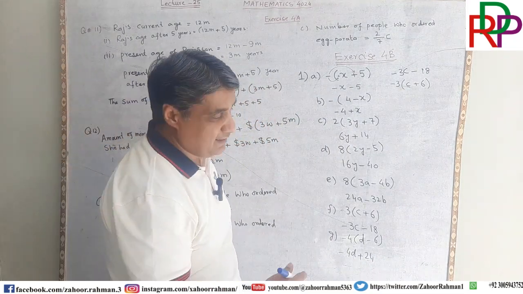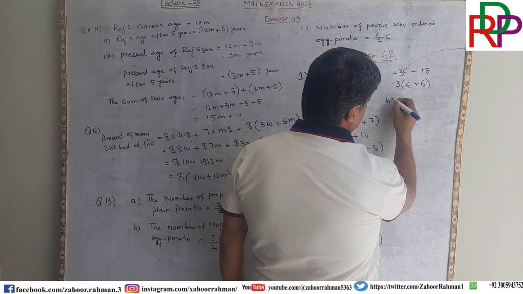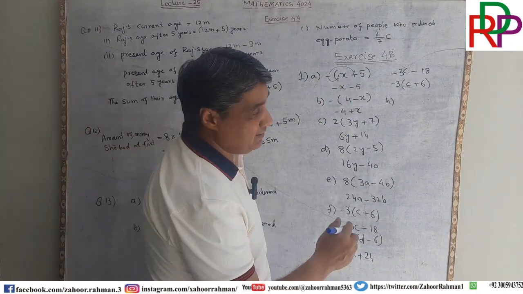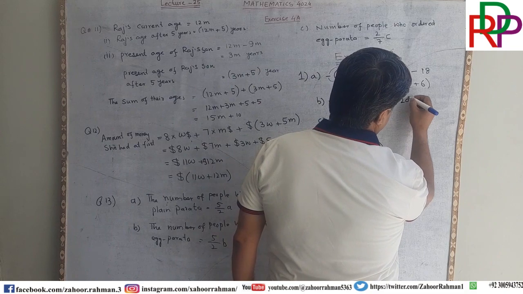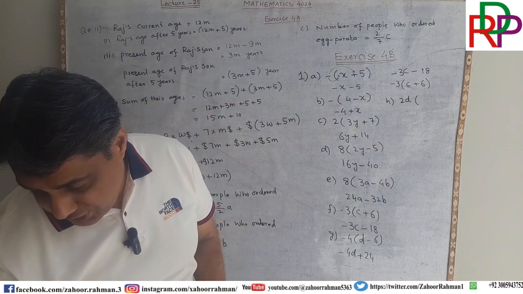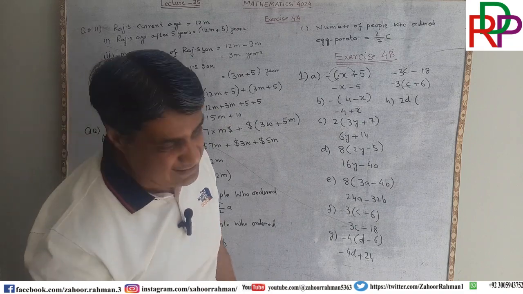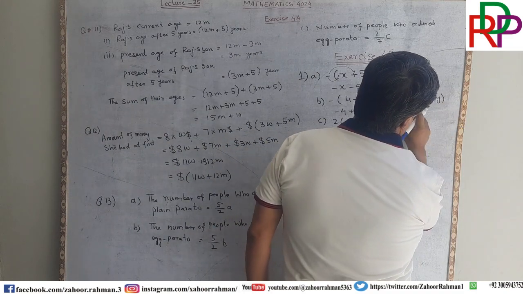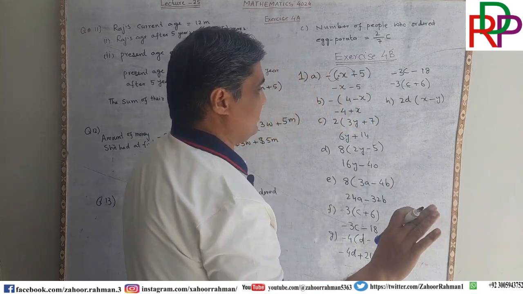Now the final part of this question is saying H, 2D into x minus y. So positive will not change the sign.